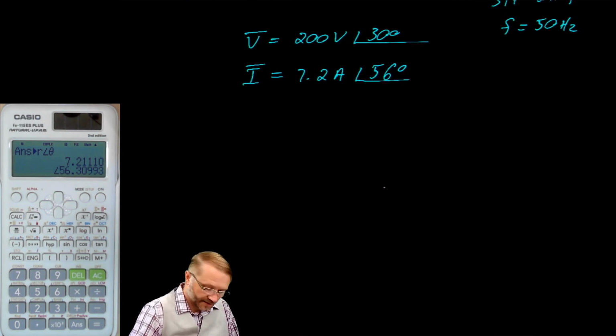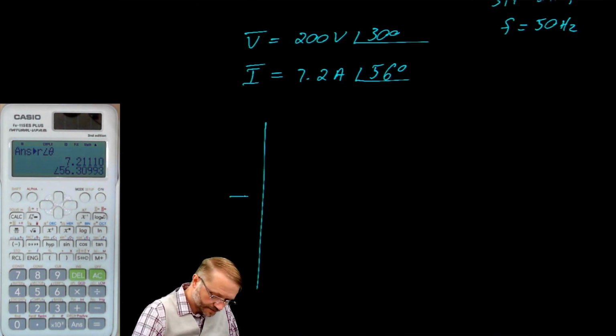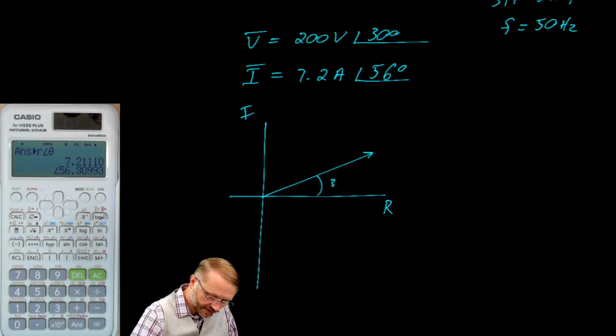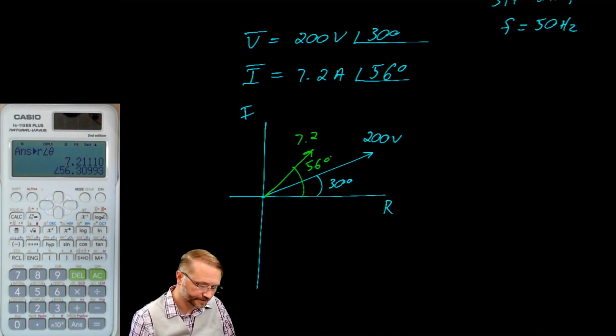We should plot those phasors. Real piece, imaginary piece. So 200 at angle 30 and 7.2 at an angle of 56 degrees. At this point, it's good to ask if this is a capacitive circuit or if it's an inductive circuit.